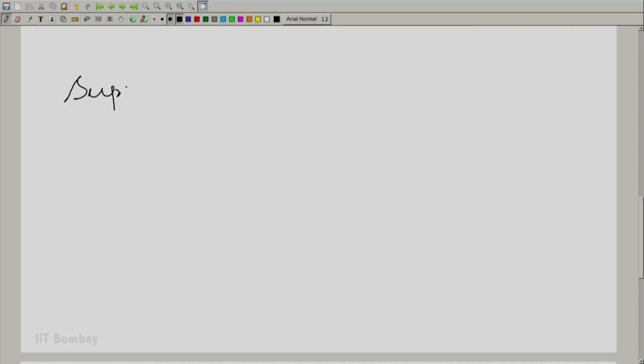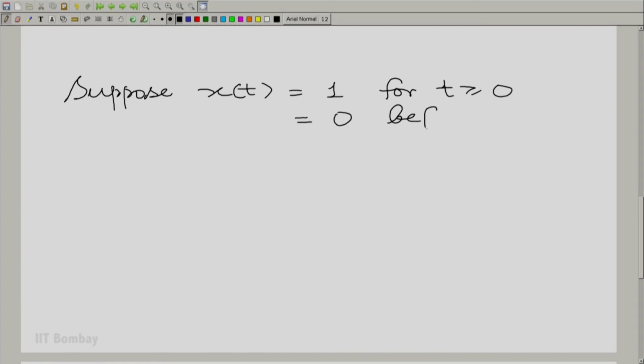Let us draw an input-output relationship for a particular kind of input signal. Suppose x t is a constant in both cases. So x t is equal to 1 for t greater than or equal to 0, and 0 before. What would y t exhibit in both cases? In both cases, y t would start growing. You see, you have 1 equal to gamma times dy t by dt.